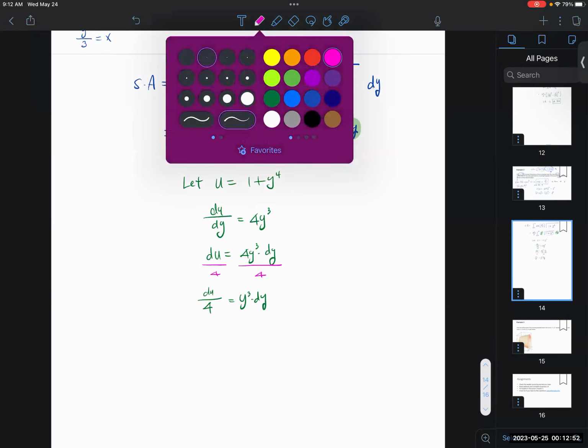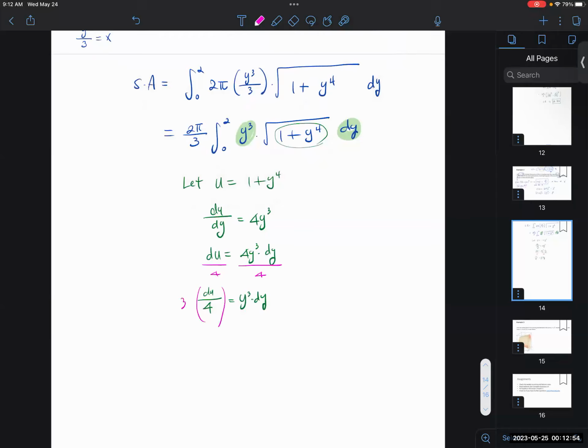Oh, actually, we don't need to do anything else because we already found out what y to the third dy is, that is 1 over 4 du. Again, the limits 0 to 2 are going to be converted in terms of the u variable. So u of 0 is going to be 1. u of 2, when you plug in, 1 plus 16, is 17.